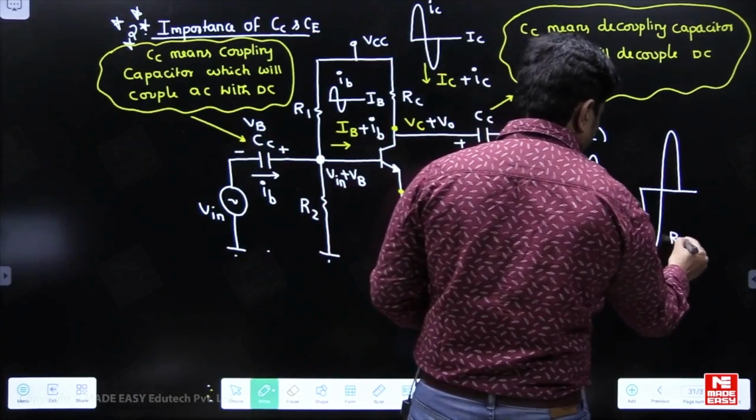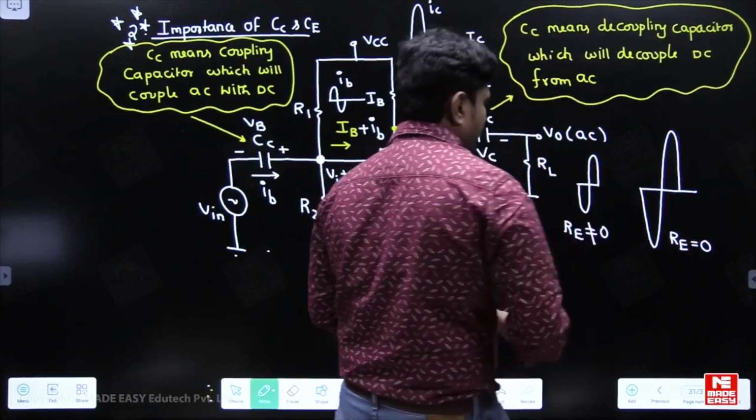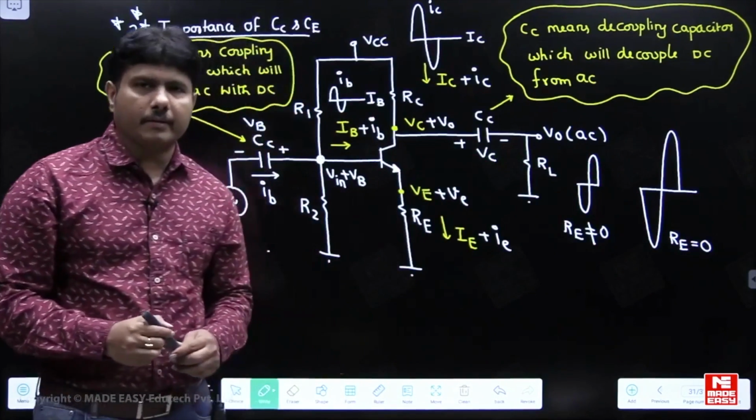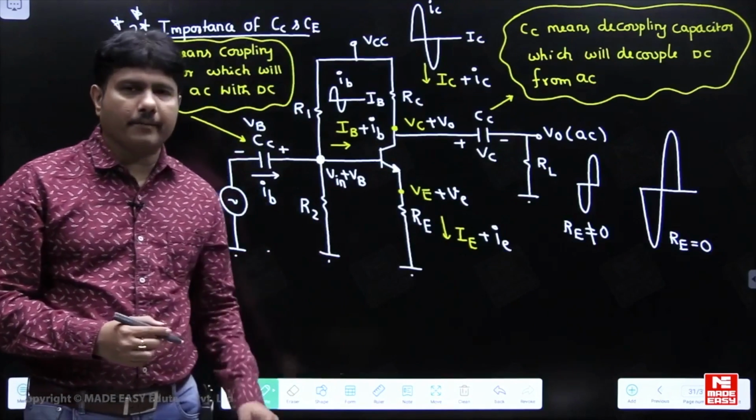Here RE, if you make it 0, we are getting more. So there are two issues going on here with emitter resistance in the amplifier.